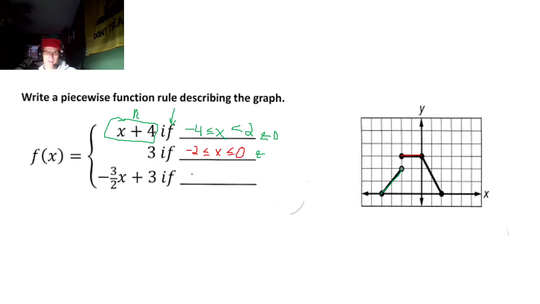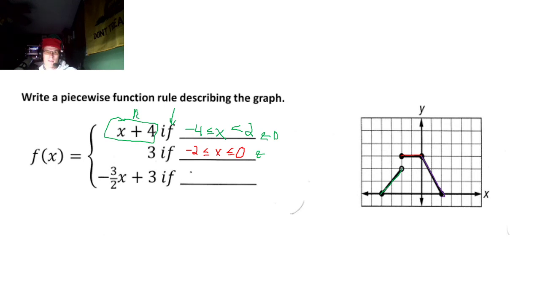Okay? And then -3 over 2x plus 3 if this is true. Okay? So in this particular situation, what we would do, let me grab a different color here. So this line here is this function rule right here.